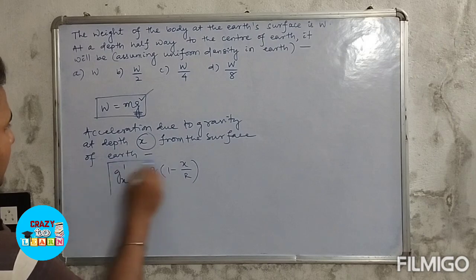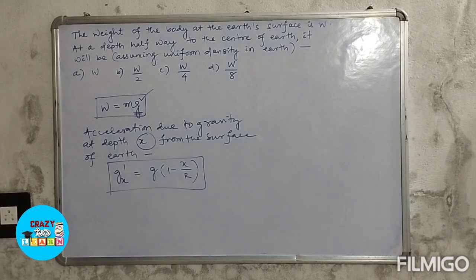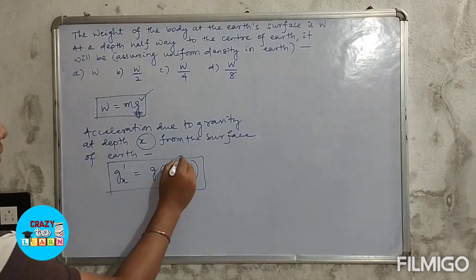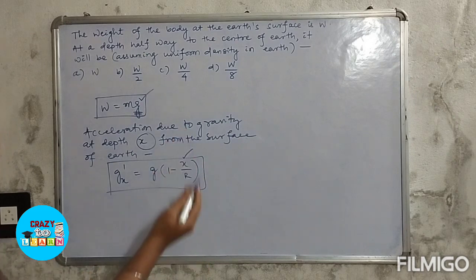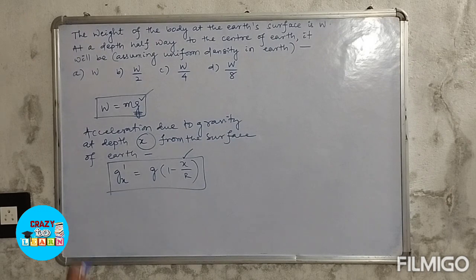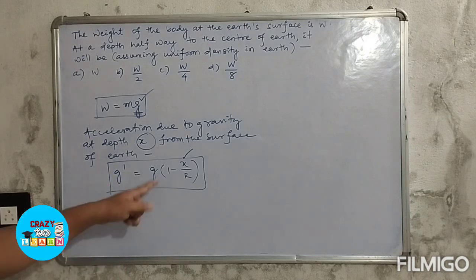When the length of the depth is x and r is the radius, you can take it as g dash. So g dash is equal to g into 1 minus x by r, where x is the depth.